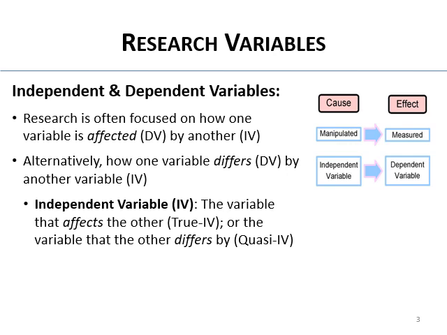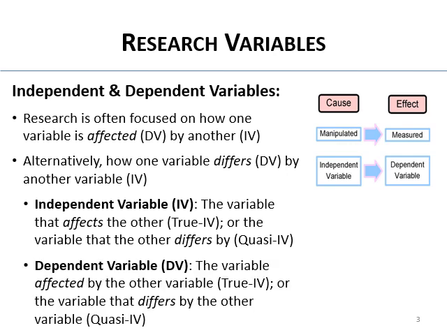So an independent variable is the variable that affects the other one. That would be a true independent variable. It's actually causally resulting in changes. The other type of independent variable is one that we think the DV differs by. If we think it just differs by it but may not be causing it, we call that a quasi-independent variable.